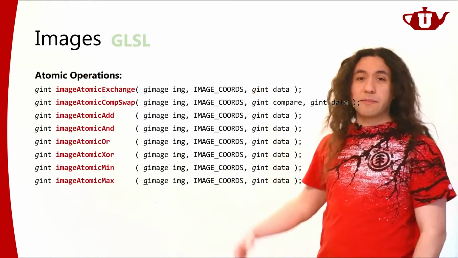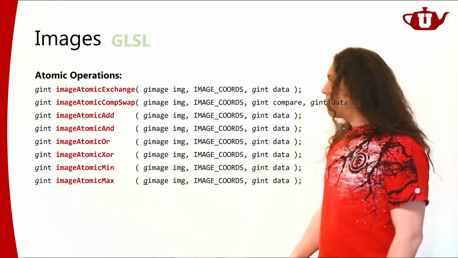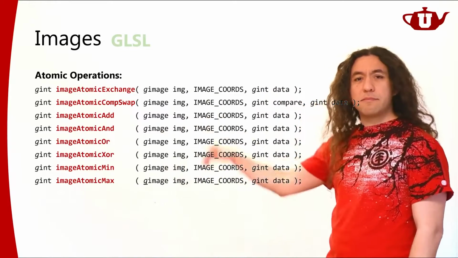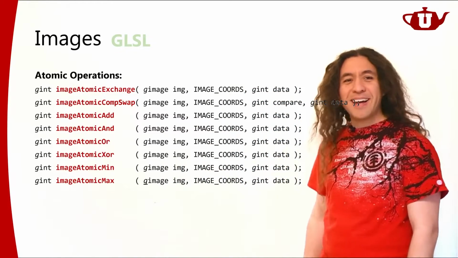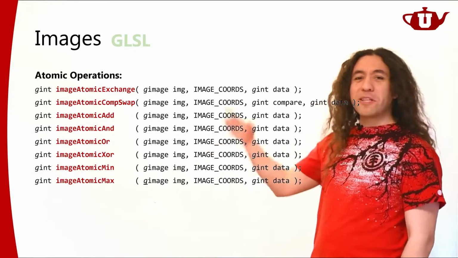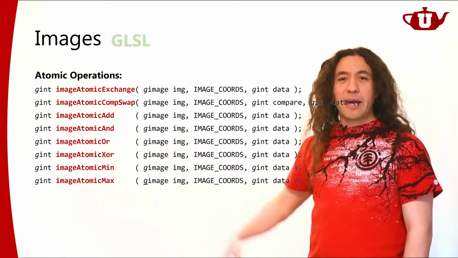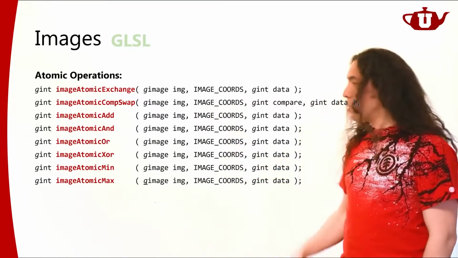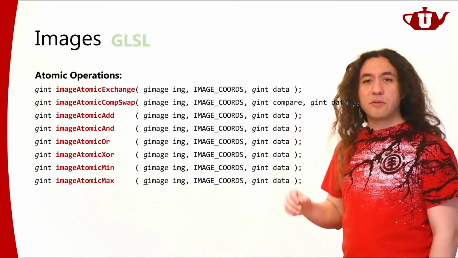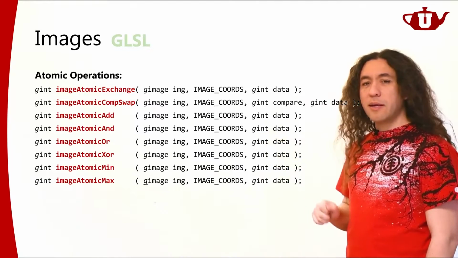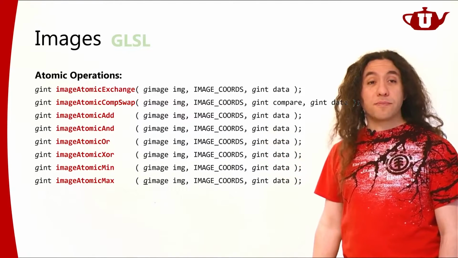This is just some atomic functions. I believe these are all of them, but my intention was not to list all of them. Atomic add, min, max, XOR, atomic exchange. All of these you can do to images, you can basically change certain pixels of those images.